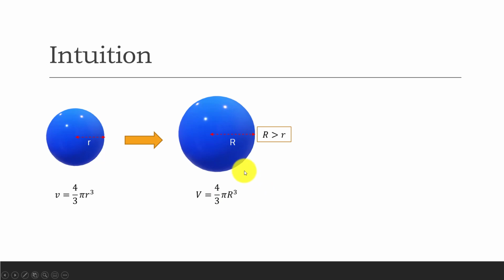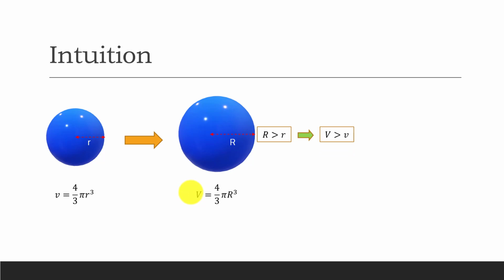Now think about this. When capital R is greater than small r, that means we are talking about a bigger number. The cube of that number will also be bigger. That means capital R cube will be greater than small r cube. As 4/3 and pi are constants, we can say our capital V will be greater than small v.